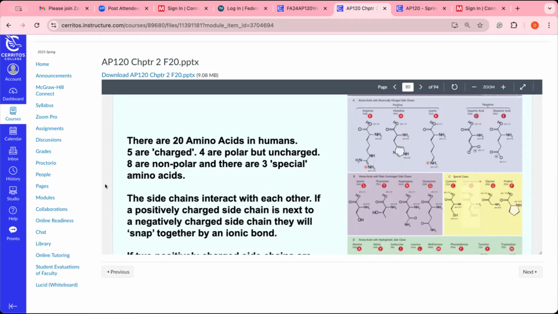Eight are non-polar, so they don't deal with water. And three are special amino acids. The side chains interact with each other. If a positively charged side chain is next to a negatively charged side chain, they will snap together by an ionic bond.